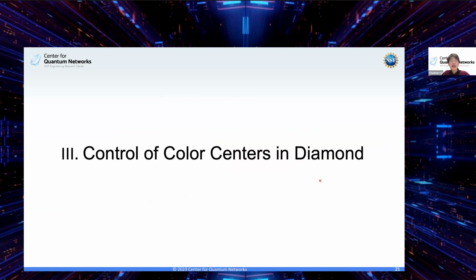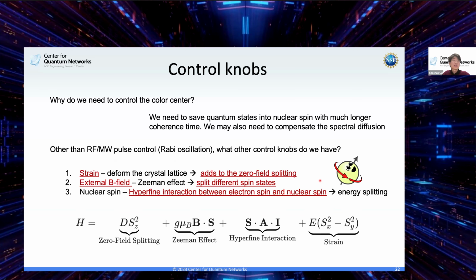However, we need other tuning knobs to address issues, for example the emission of the color centers, to make them identical in wavelength, and also to mitigate some temperature constraints. So why do we need to control the color centers?